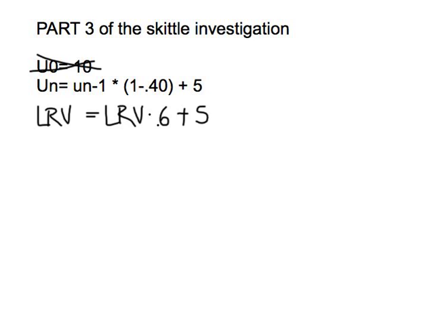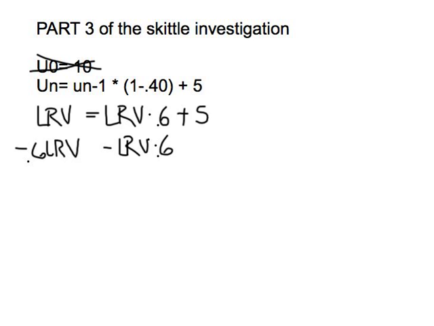So next thing I'm going to do is combine like terms. So LRV times 0.6 is the same thing as 0.6 LRV, which I'm going to subtract out from both sides of the equation. All right.